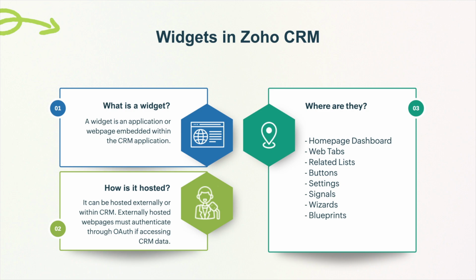Buttons, I'll show a couple of these, but clicking a button and opening up that widget, or executing code for a widget. Settings. This is one that I've done a few times, but you can actually create your own custom application within the settings panel of Zoho CRM. So you go to settings.